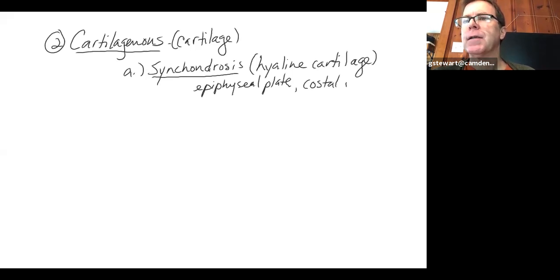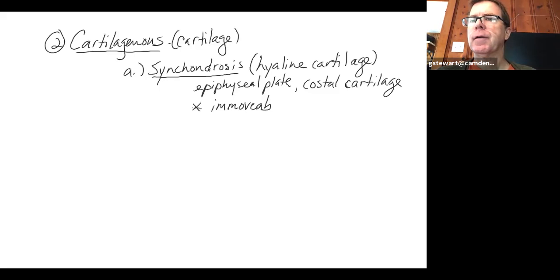So it's the connection between the rib and the sternum is a synchondroses joint. And their mobility is that they are immovable. Put a star here. Immovable joints are synarthrotic.